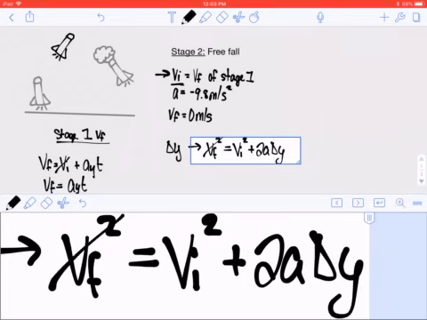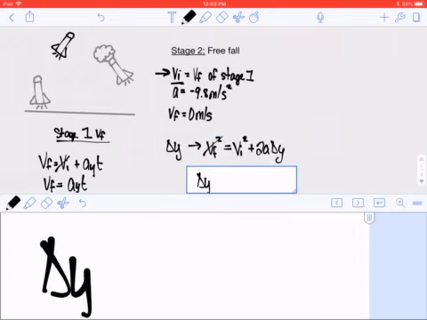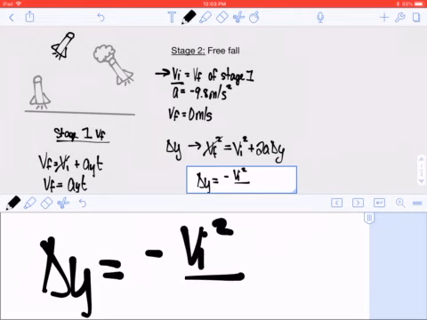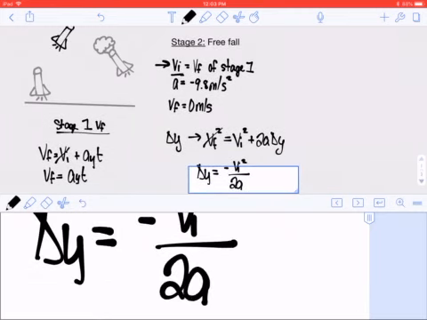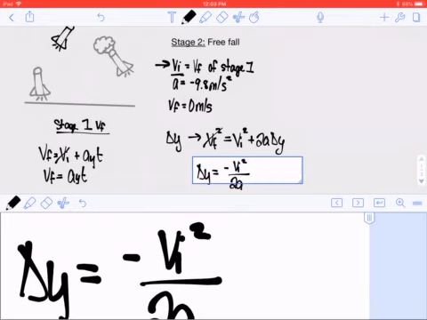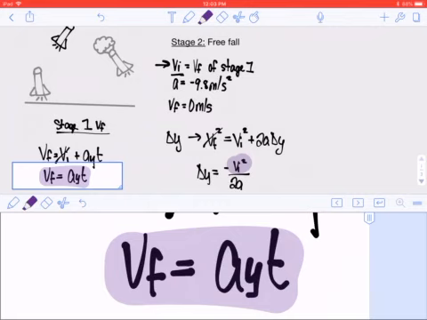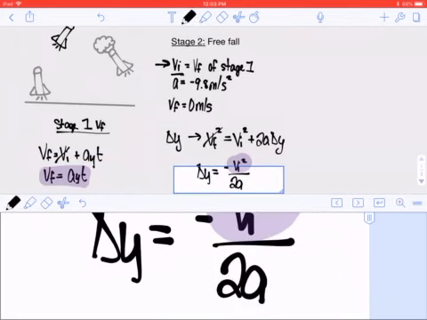Now v_f is 0, and delta y becomes negative v_iy squared over 2a. Again, v_i, this number right here, is going to come from this equation, from stage 1 using stage 1's information. Acceleration in this stage is just negative 9.8. Okay, so that's how we figure out how high it goes in stage 2.